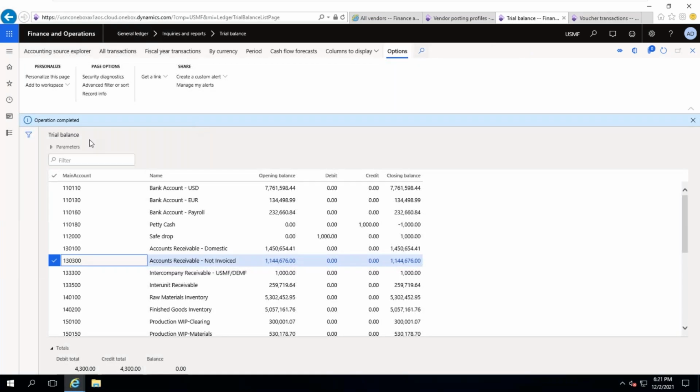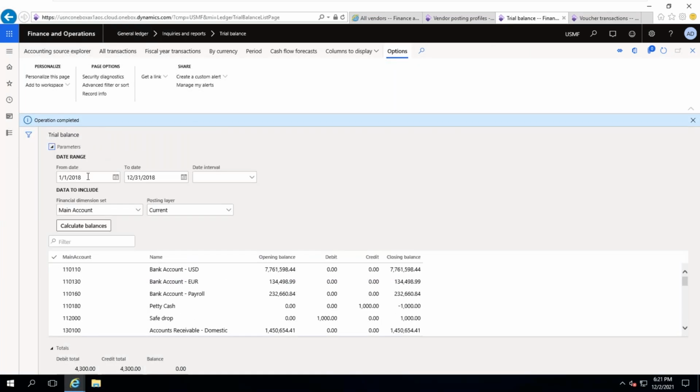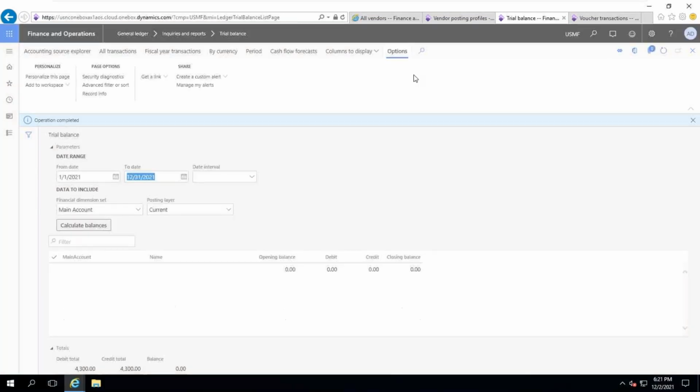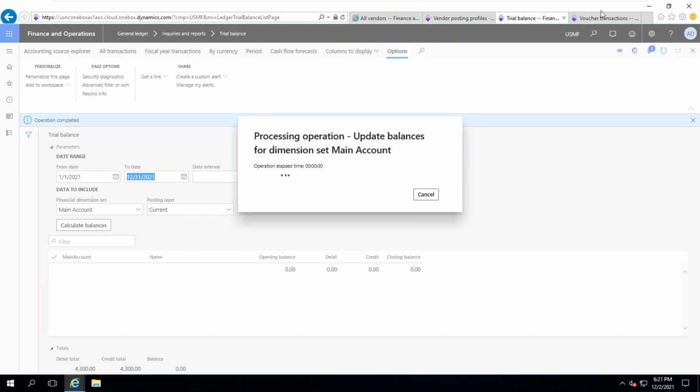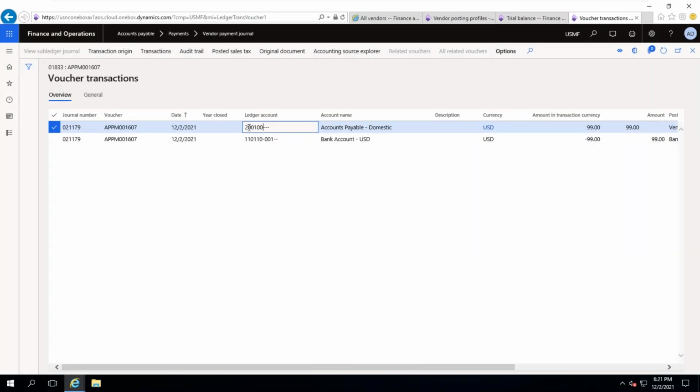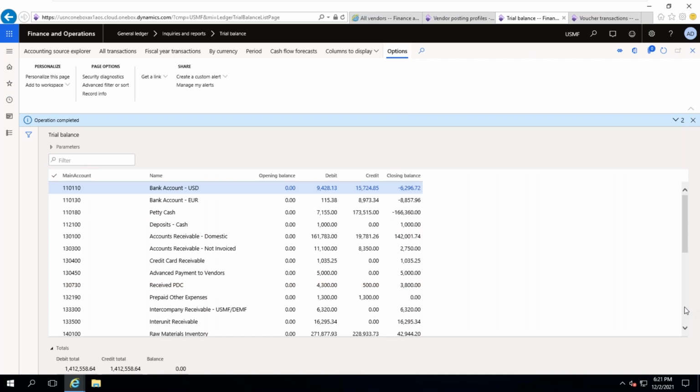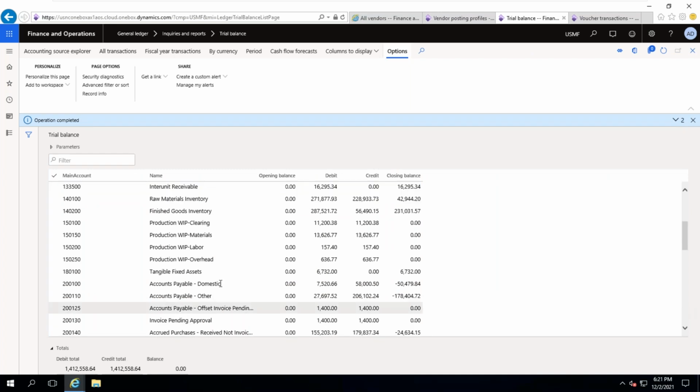If you go to trial balance, calculate balances. Now this one, it is 200,100, 99. It will show you in the trial balance. 200,100. If you click on all transactions, 99 was posted.